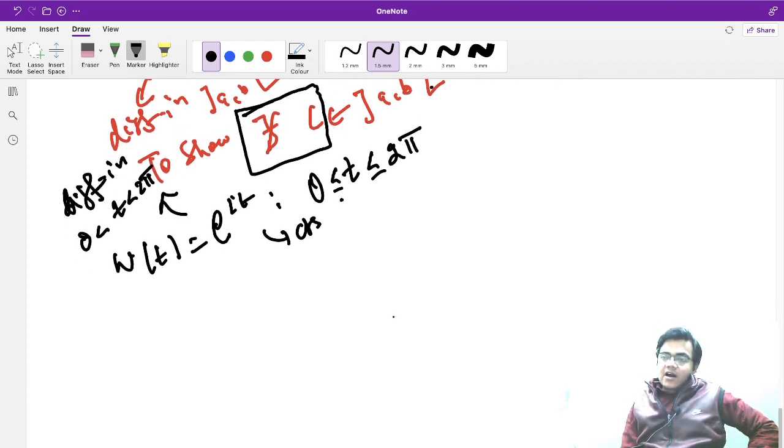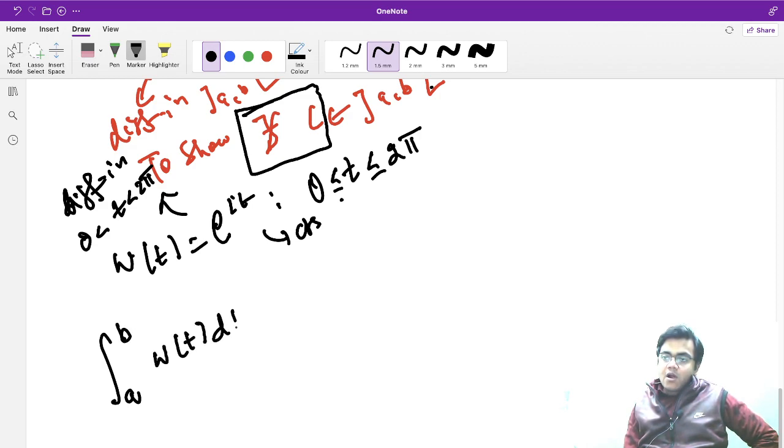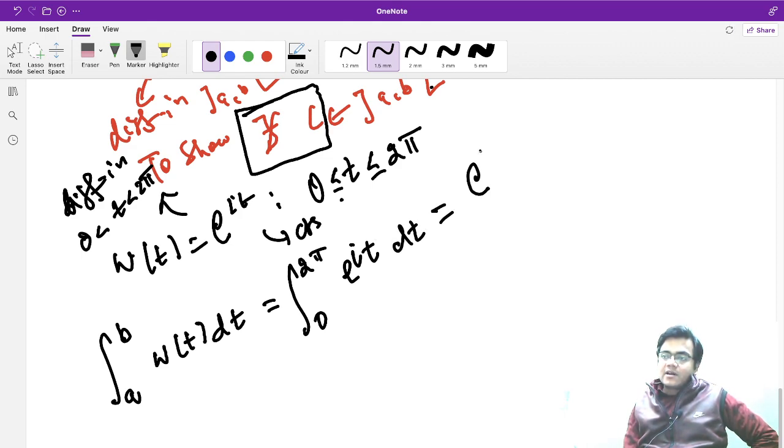Now if you try to find the integral from a to b of W of t dt, then you can see it is the integral from 0 to 2 pi of e to the power iota t dt. So it will become e to the power iota t by iota from 0 to 2 pi.